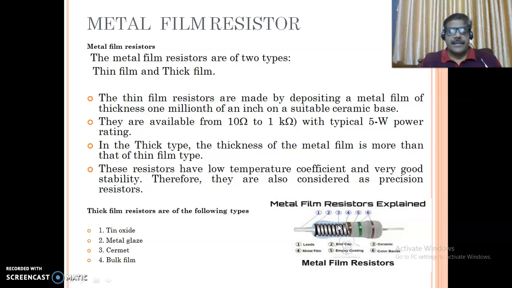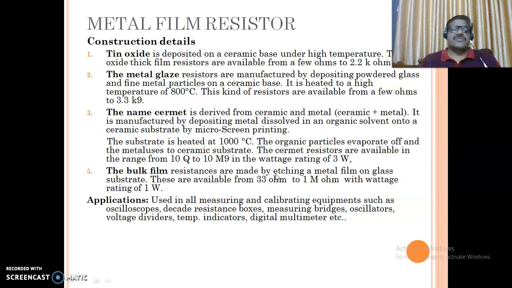Over that ceramic, you coat a tin metal film, grooved here for getting the desired value of resistance. Over that, an epoxy coating provides physical or mechanical strength. Finally, color bands provide a resistance value indicator.